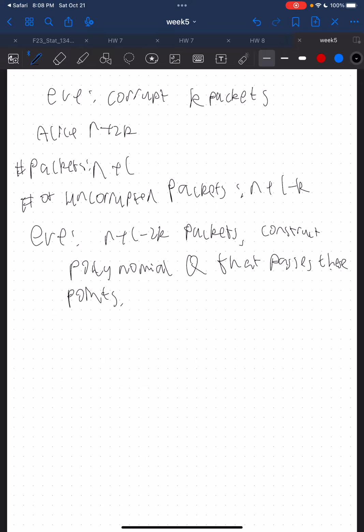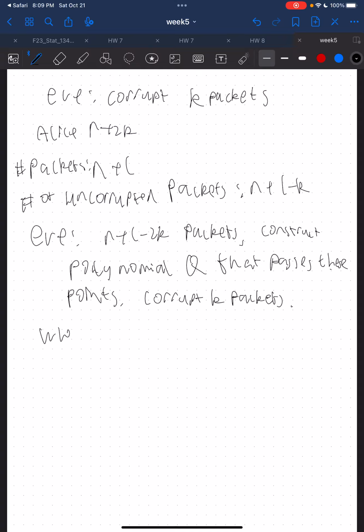So she could take n plus L minus 2k of these packets, construct a polynomial Q that passes through these points, and then corrupt k packets such that when n plus L minus k is read, you'll have n plus L minus 2k of the correct packets plus k packets that will result in Q.